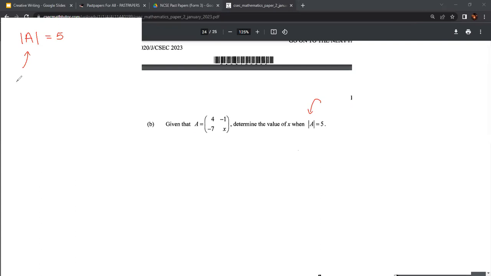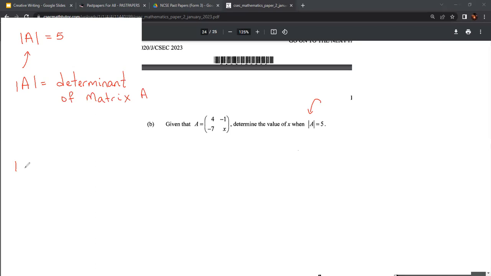In matrices, if they give us this, this is the determinant of matrix A. Now, notice they didn't even mention the word determinant, right? So it's like they expected that you knew what this symbol means, which means we have to learn this.